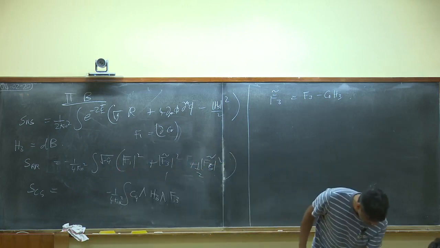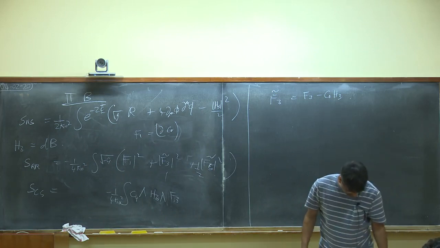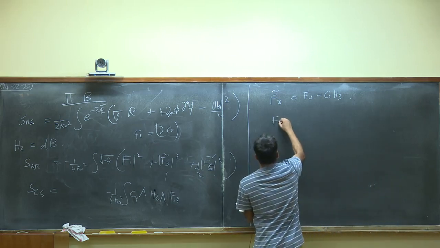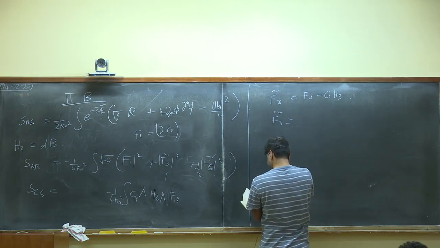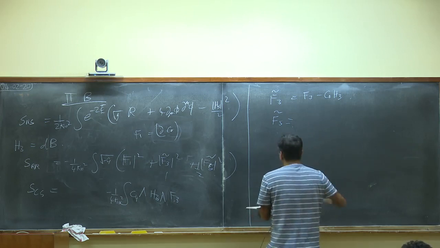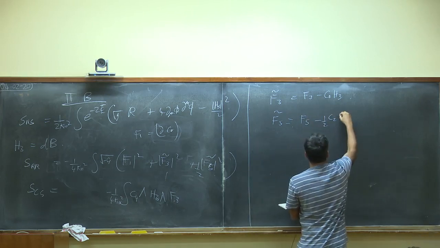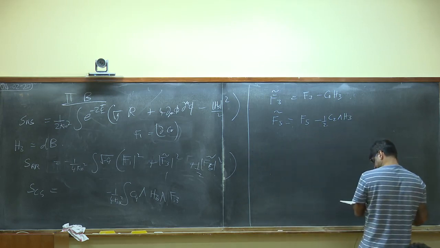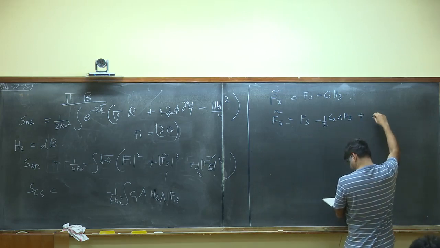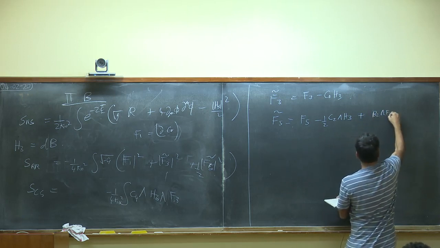And F5 tilde is even more complicated. F5 tilde is equal to F5 minus half C2 wedge H3 plus B2 wedge F3 by 2.